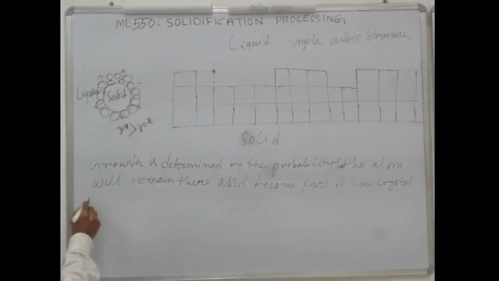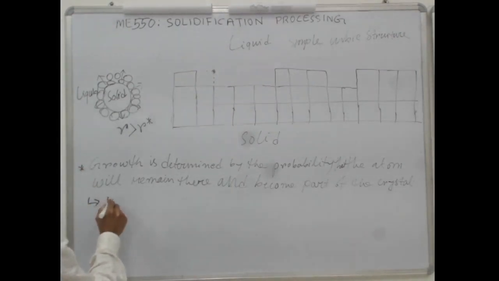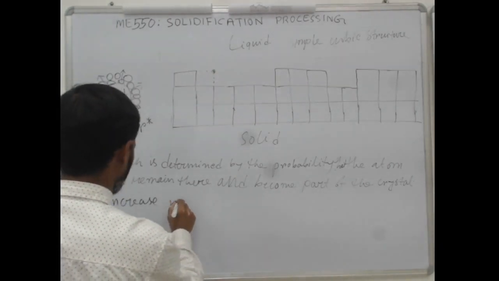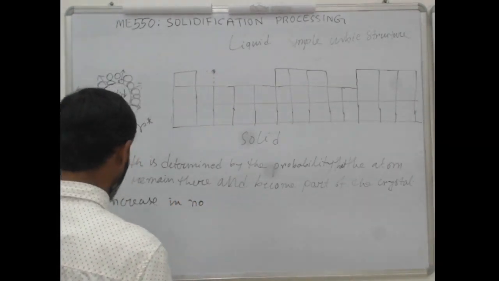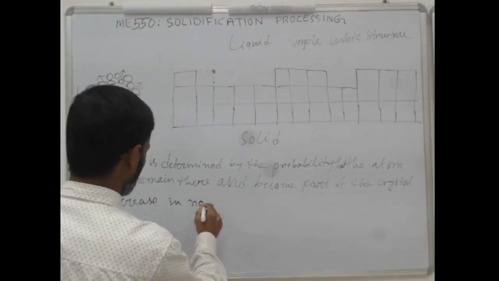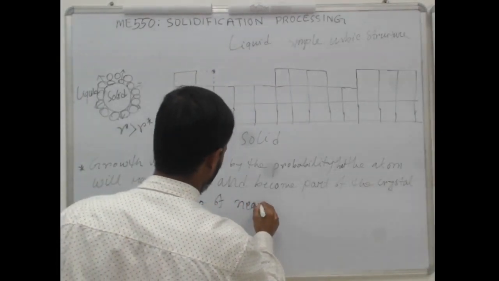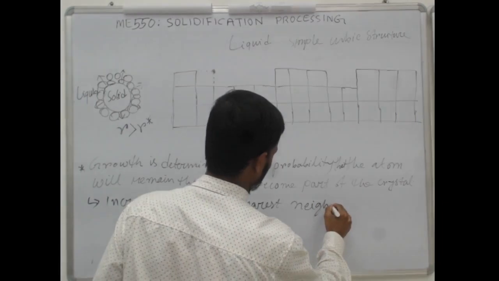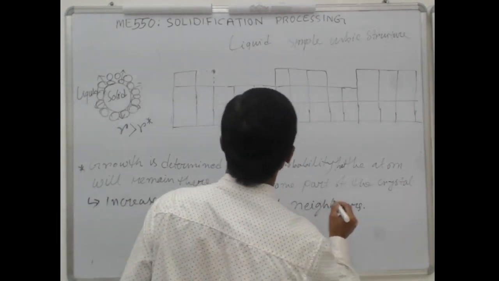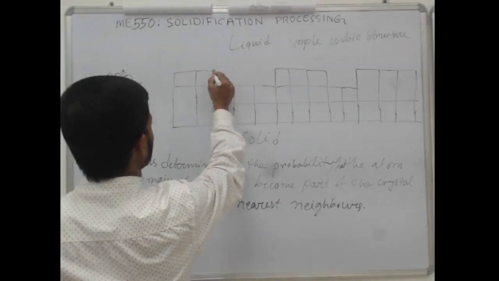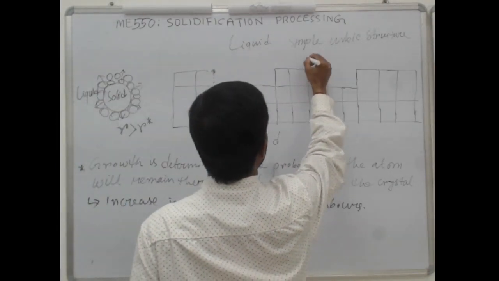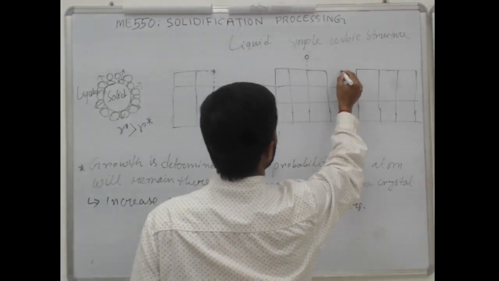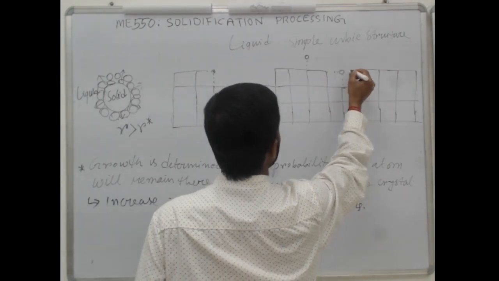This probability increases with an increase in the number of nearest neighbors. Like here in 2D it looks like you have 2, but if it goes here you will have 1, 2, 3.